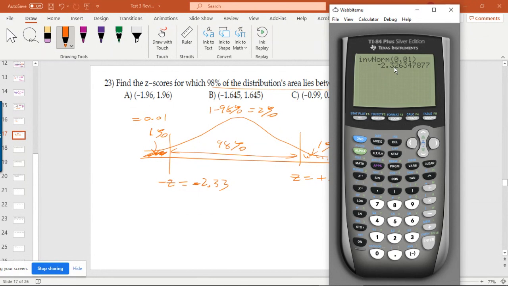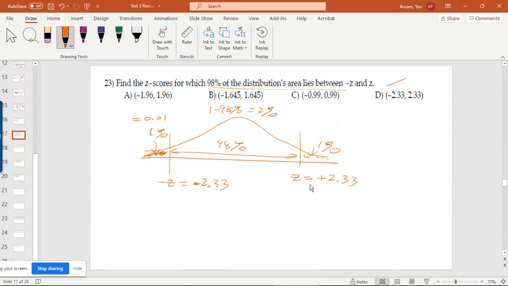And that inverse normal distribution is the Z-score. So that's negative 2.33. Sometimes people find this way is much faster, easier to find a Z-score than reading the table. Okay.